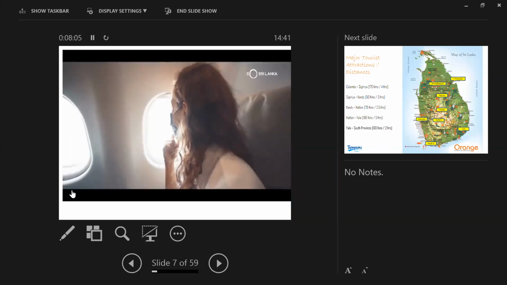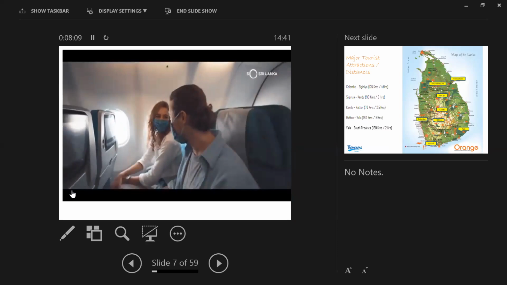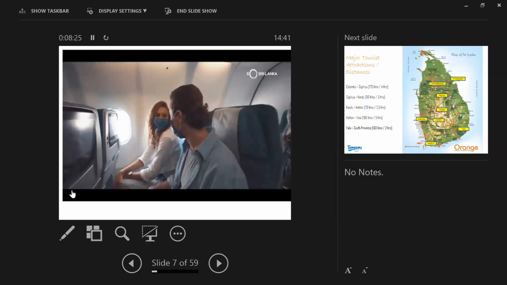Ladies and gentlemen, we have now arrived at Bandaranaike International Airport. This video also depicts the recent updates with regards to your standard operating procedures in Sri Lanka. Sri Lanka has also been declared a safe destination by the World Travel and Tourism Council.